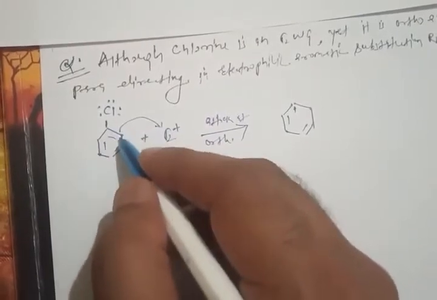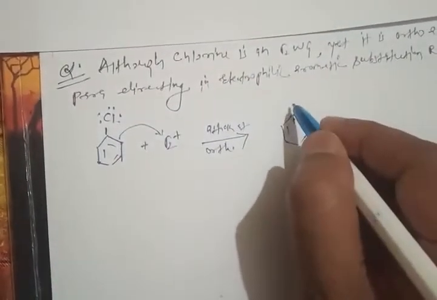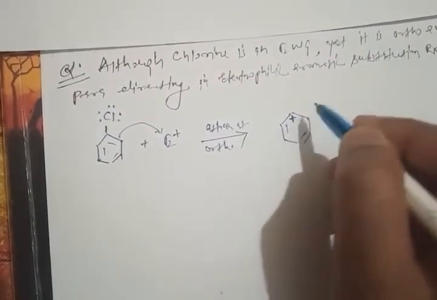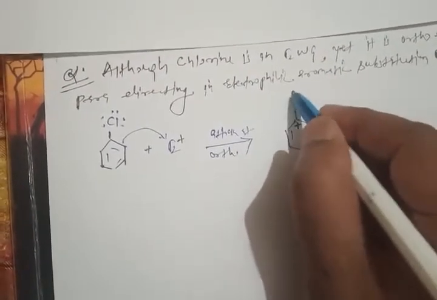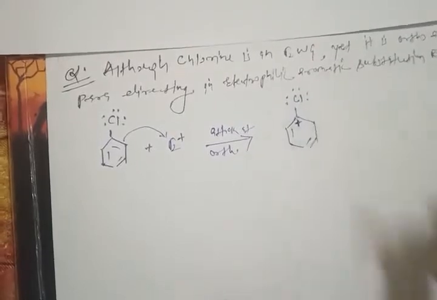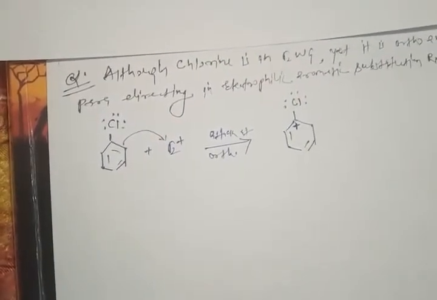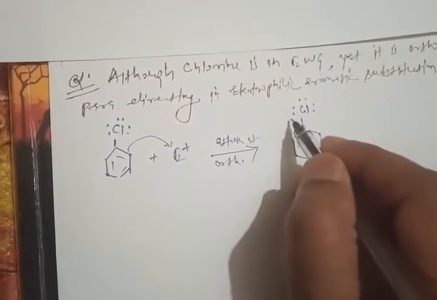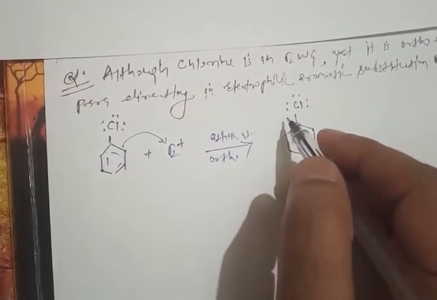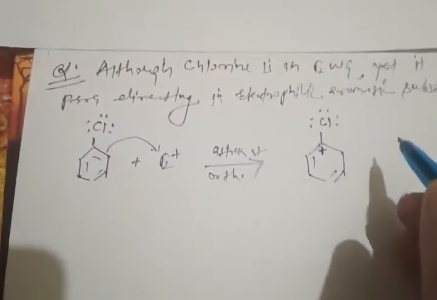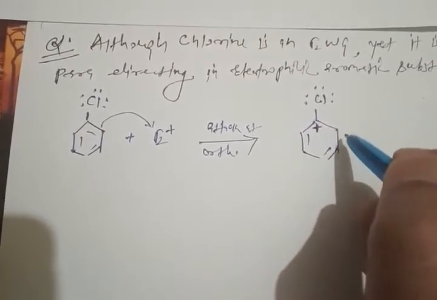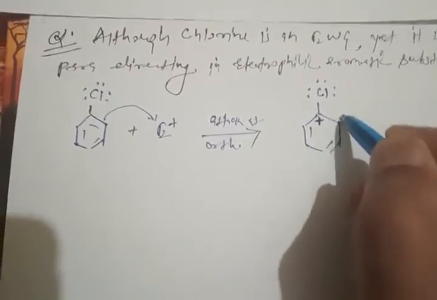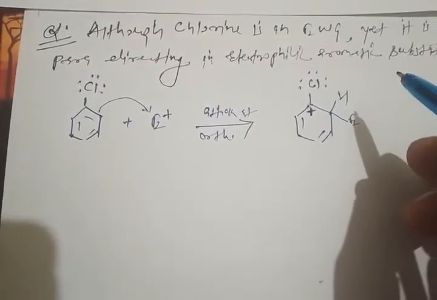And chlorine, we know, is an electron withdrawing group. So in this ortho attack, the electrophile will attach with this hydrogen.